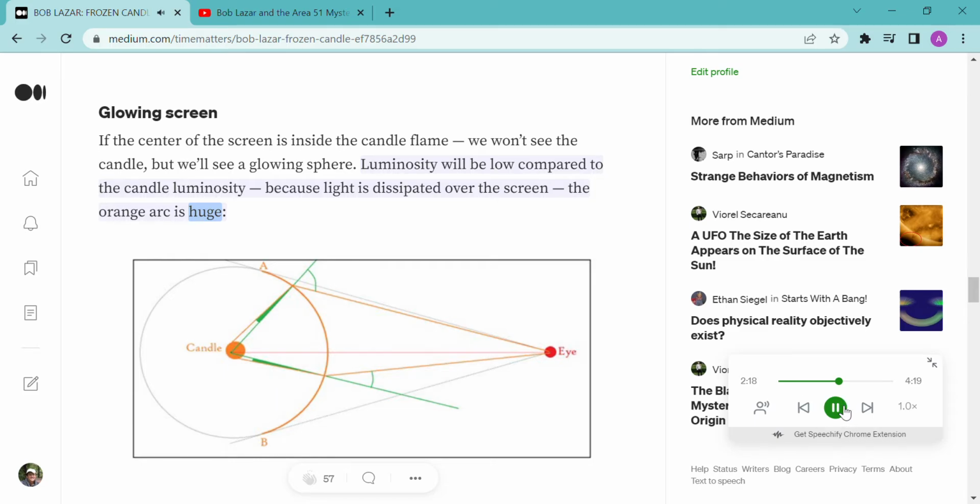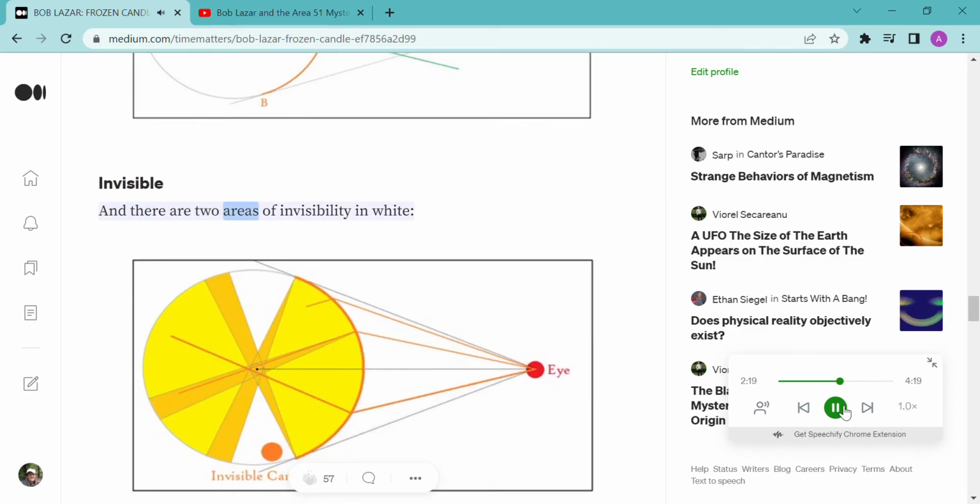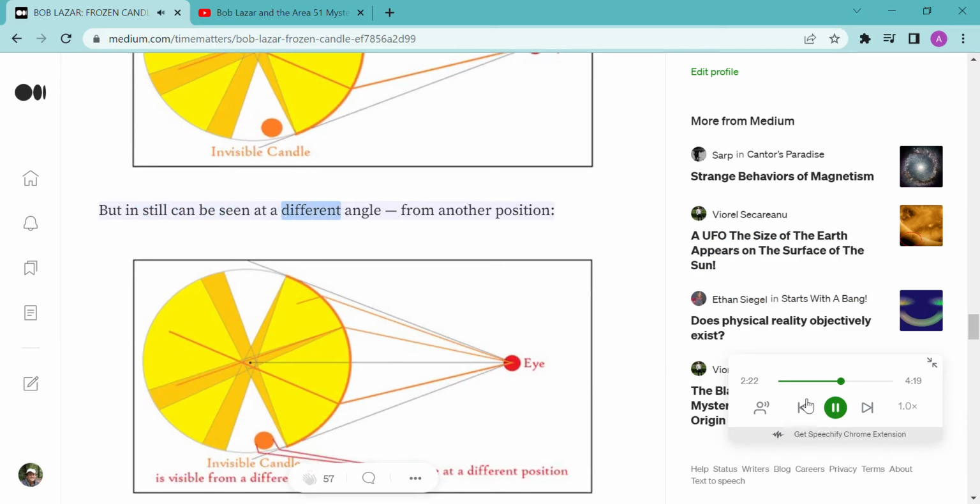Invisible. And there are two areas of invisibility in white, but the candle still can be seen at a different angle, from another position.